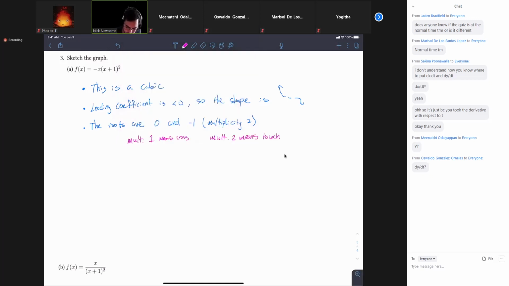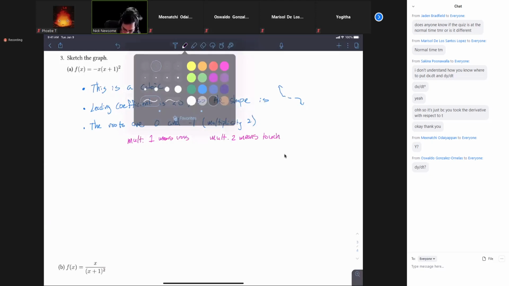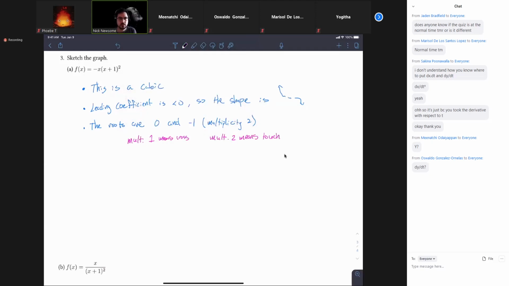Okay, let's put all this together and I can get a nice sketch of my graph. So I know it's got a root at -1 and I know it's got a root at 0.